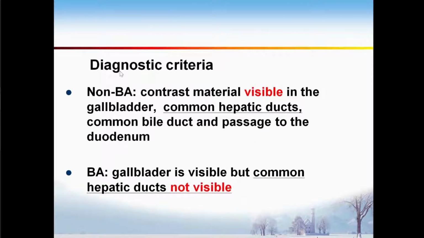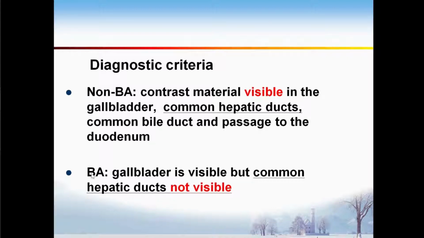We make the diagnosis by these criteria. If the patient is without biliary atresia, the contrast agent will be visible in the gallbladder, common bile duct, common hepatic duct, and the duodenum.